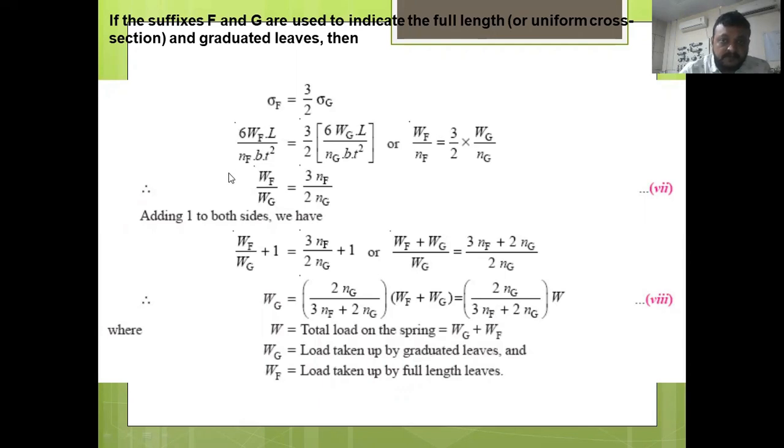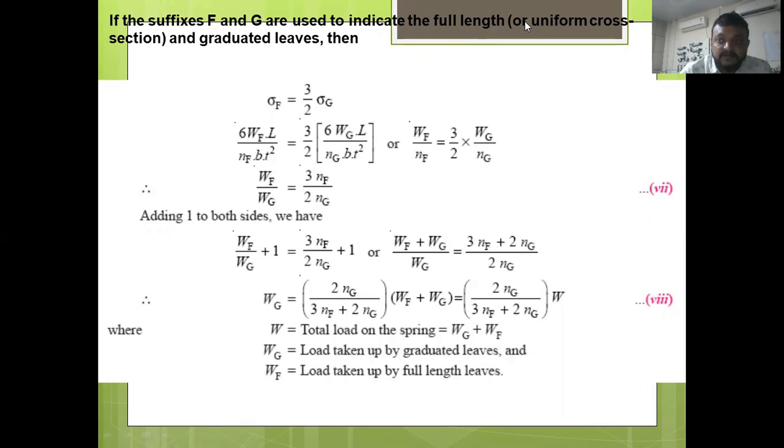So we have put the notation F: sigma F is 6 WF into L divided by NF into B T square, which is equal to 3 by 2 times 6 WG into L, where G denotes the graduated leaf, and so on.